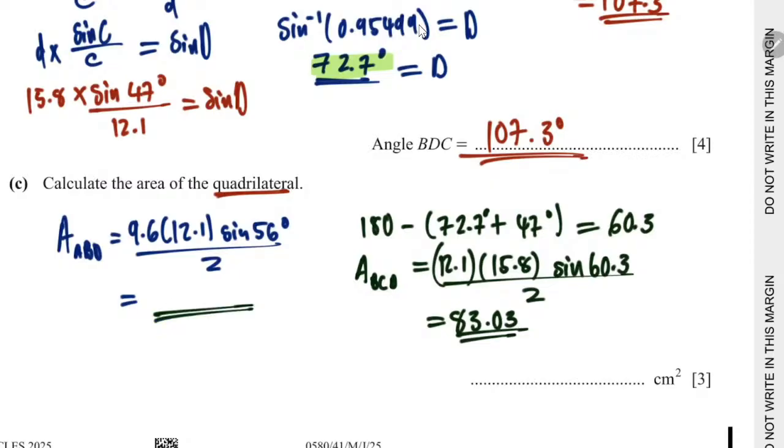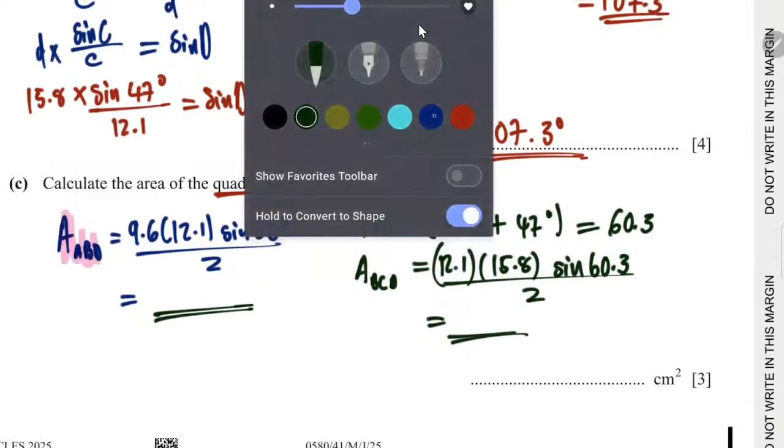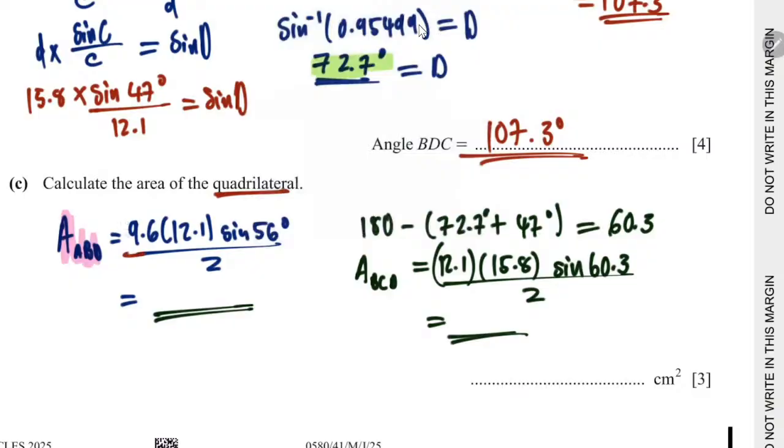Let's do it in order. Let's be organized. For area ABD, what is the solution? Can everybody punch it in? For area ABD, please put a bracket around everything in the numerator when you're calculating. Open bracket 9.6, open bracket again, 12.1, close, sine 56, close bracket. Then you say divided by 2.